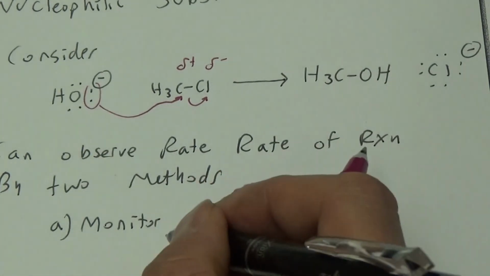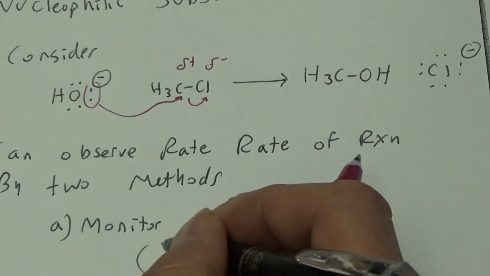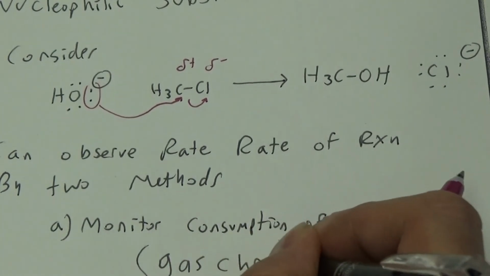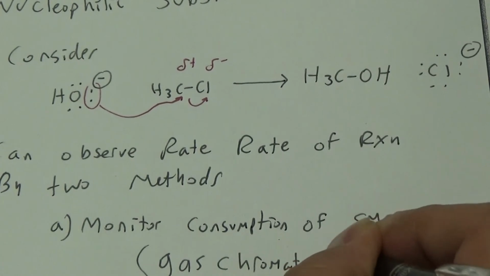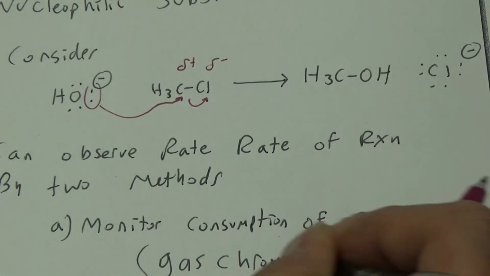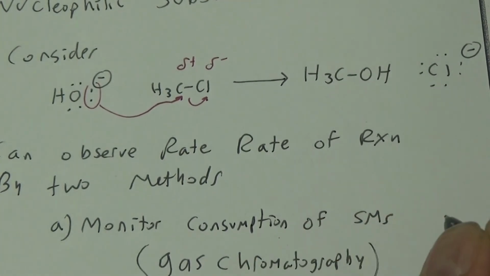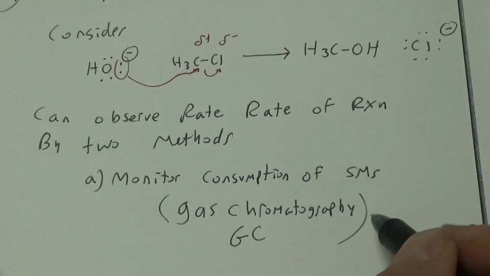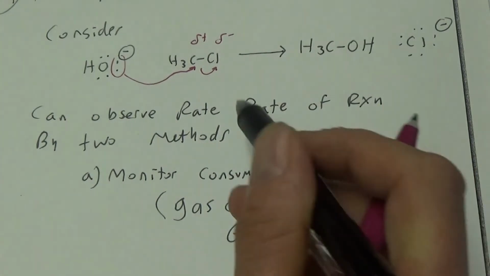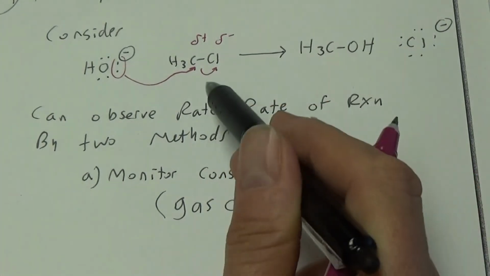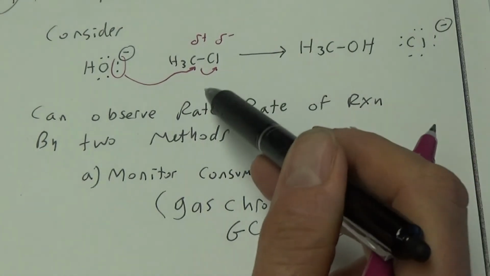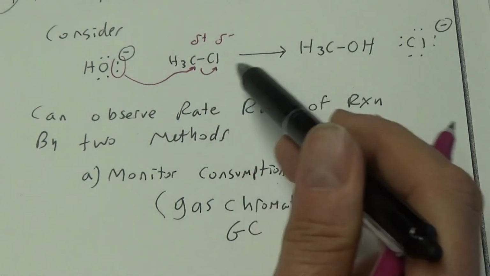I'm just going to mention a technique called gas chromatography, or GC. You might hear about that in a lab class. Gas chromatography is a way to analyze the amount of organic molecules, especially small volatile species like chloromethane or methanol.